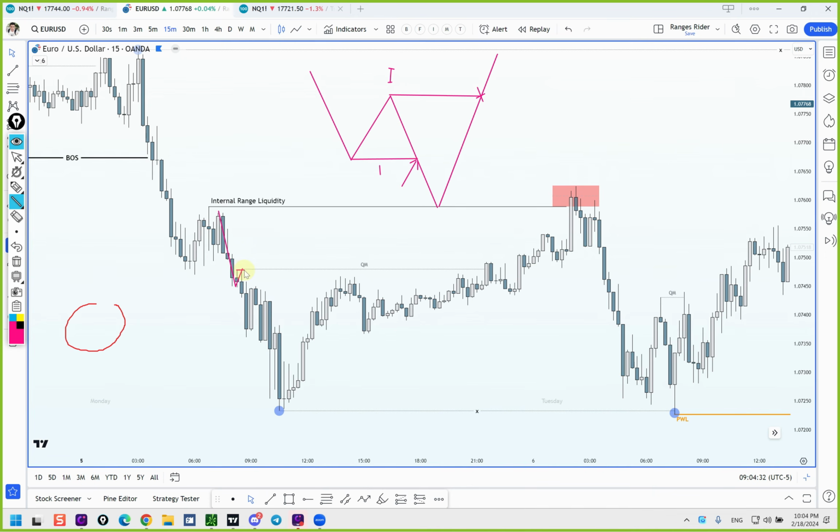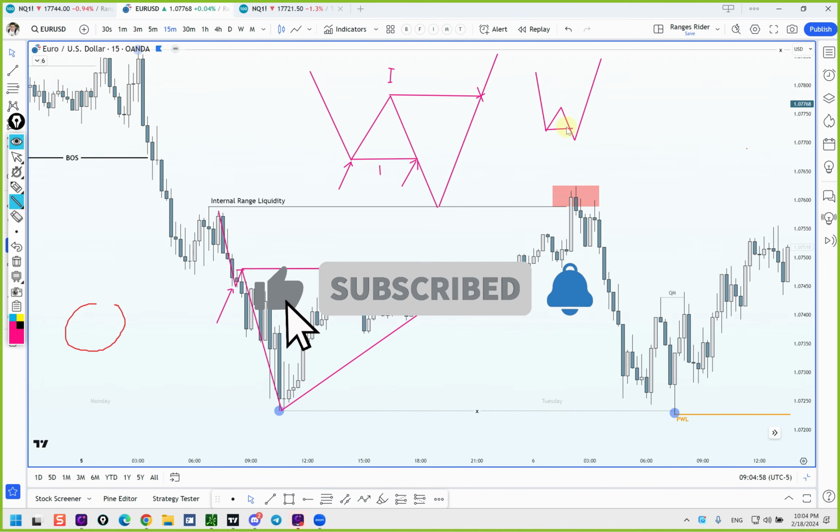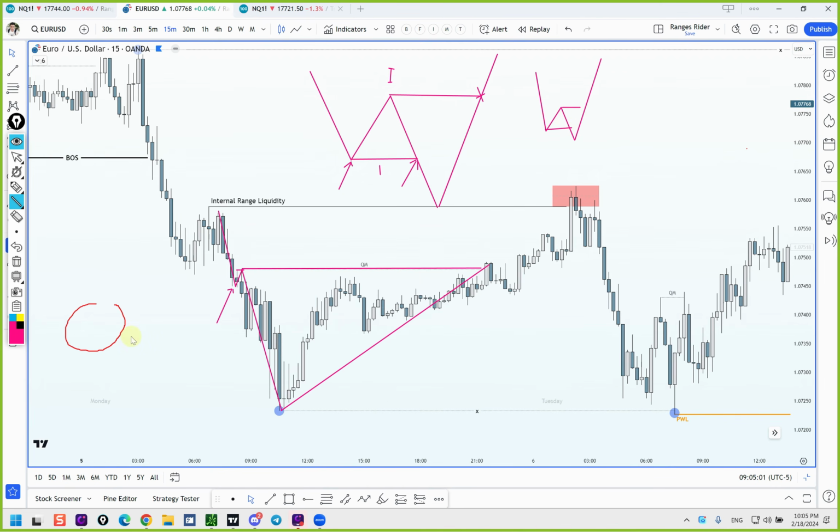Because it took the previous high, and then I said where the pullback started, it needs to take the low of that one, and the market took the low. Once the market took the low, and where this pullback ended, this area, has the market taken the break of structure? If yes, so is it not like something like this? You have to see this area a little bit carefully. With practice you can understand this area.